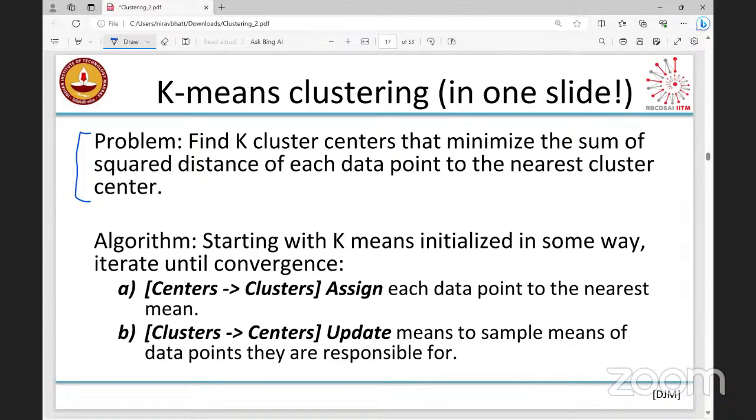Once you have centers, you assign each data point to the nearest mean. Once you stop assigning, you go back using the new clusters, you compute the centers, update the sample means of the data points they are responsible for, and keep doing this until it converges. A very straightforward algorithm that provides you very reasonable clusters.